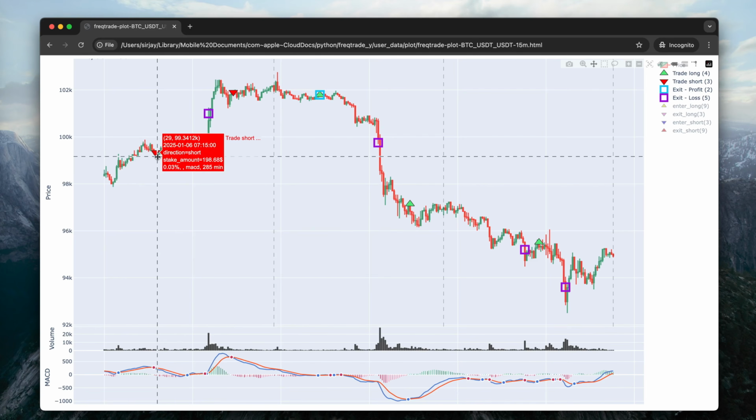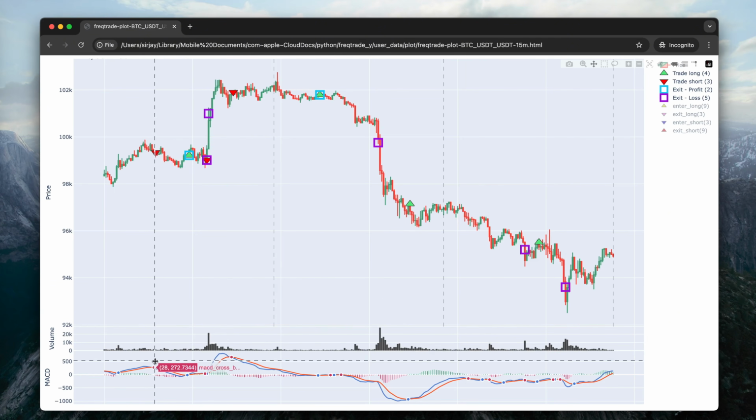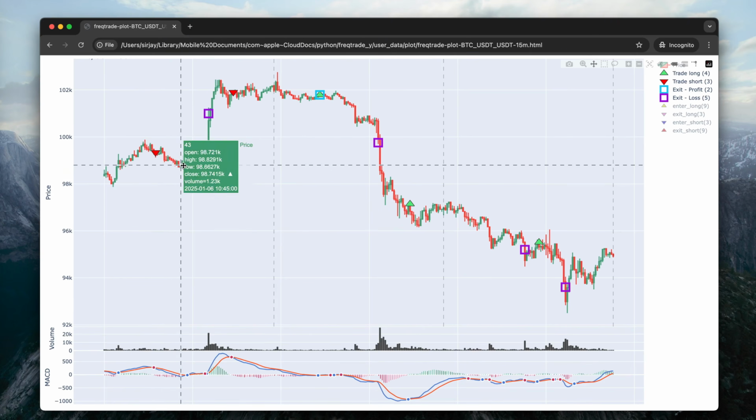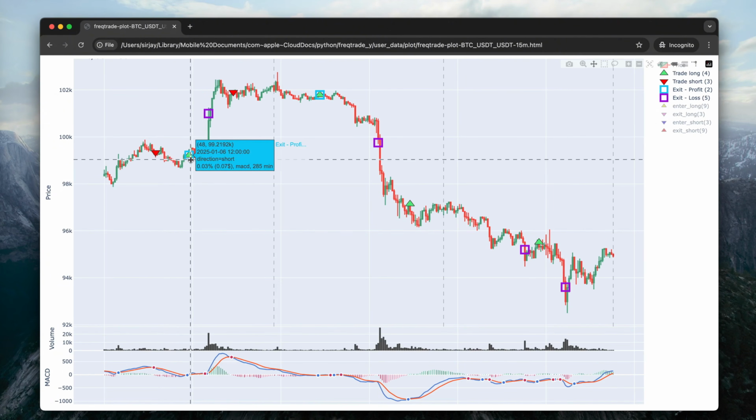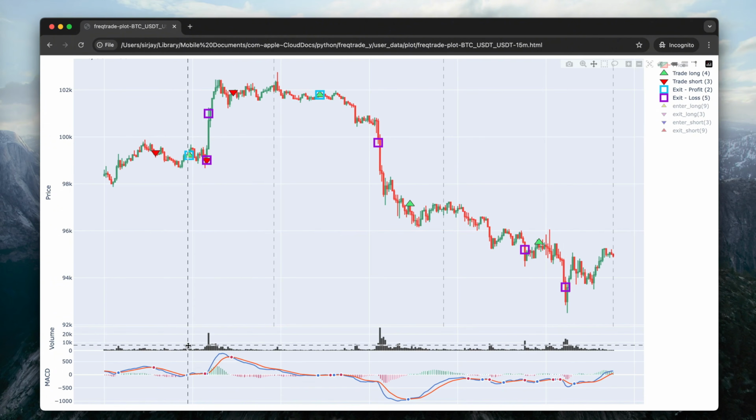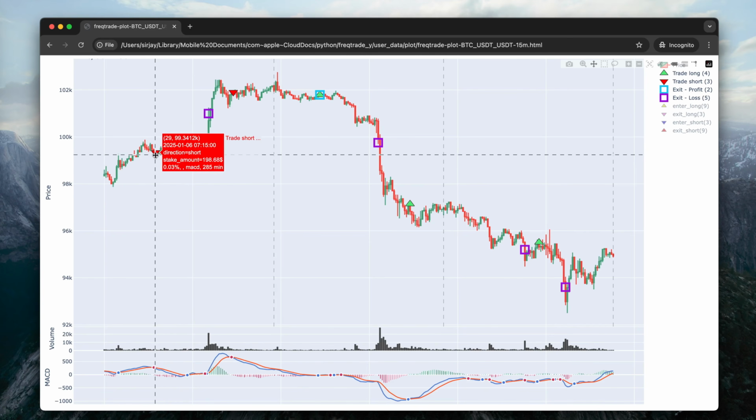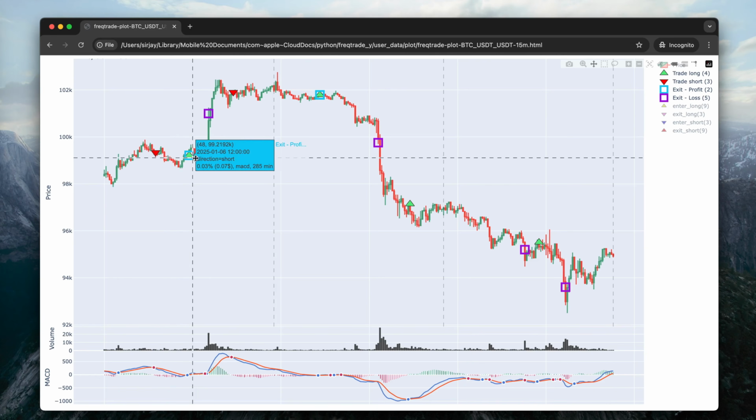For example, let's take this example. By the strategy, we need to go short when the MACD and signal line cross each other, and we go short. Here we got short positions, and we exit in profit because I put the exit signals for when the direction goes the opposite way. We can also see some more information like stake amount, the profit, and the duration.